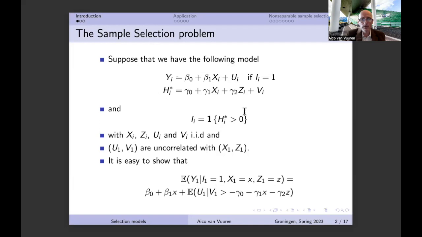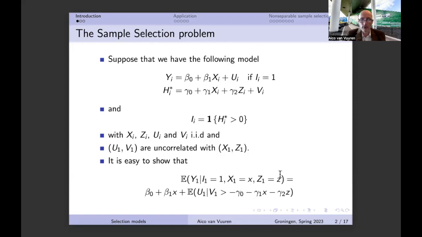And that means, of course, that this bias term that we have over here is going to be very, very large, because we're going to look at the subpopulation of individuals that are not representative for the rest of the population, because they are very special and the rest of the population is actually quite large. So the lower the propensity score, the higher this bias term is going to be.